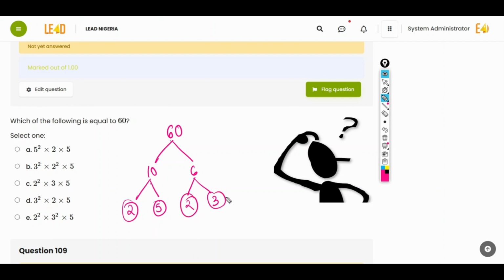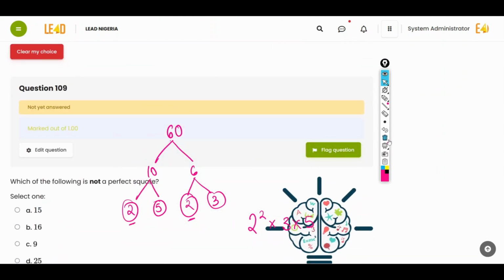So that means the answer is 2 raised to the power of 2 times 3 times 5. 2 raised to the power of 2 because we have 2 twice, and then times 3 and times 5. Those are all the prime factors we have. That option is option C.